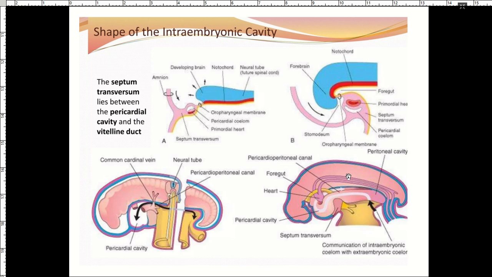Right. So let's talk about the septum transversum, or the movement of the heart from its initial cephalic place to its final place. You can see this is your developing brain.